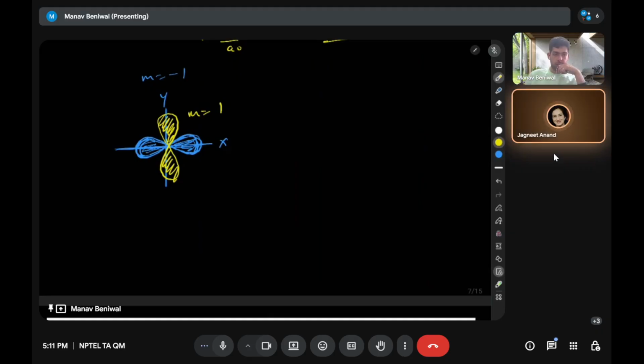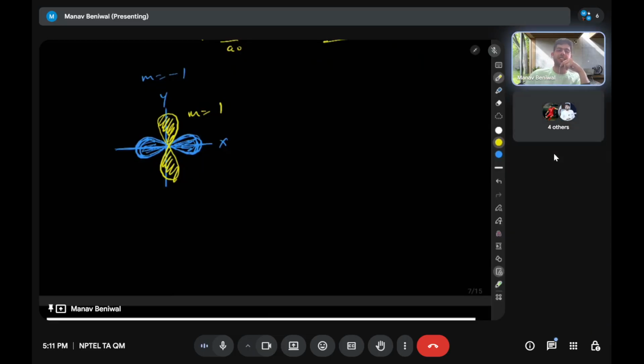The z-axis is special only as a convention. This is called the magnetic angular momentum quantum number, that's why its name is m.